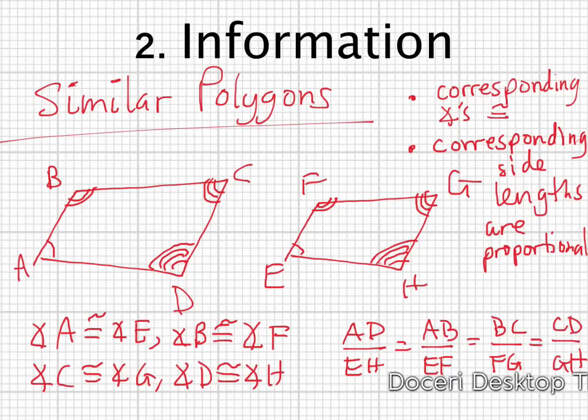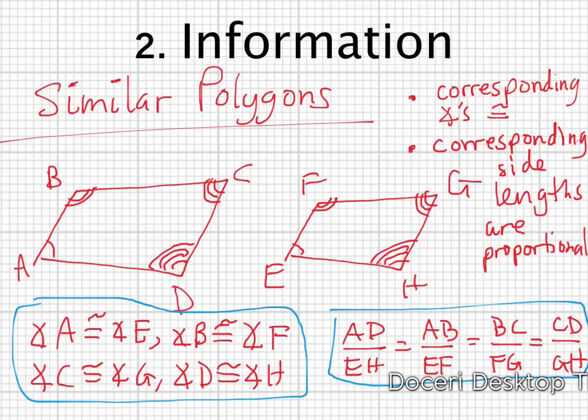So in order for these two polygons to be similar, I have to have both parts. I have to have all angles congruent, and the side lengths must be proportional. The corresponding side lengths must be proportional. If I have this true, I can say that the two polygons are similar.